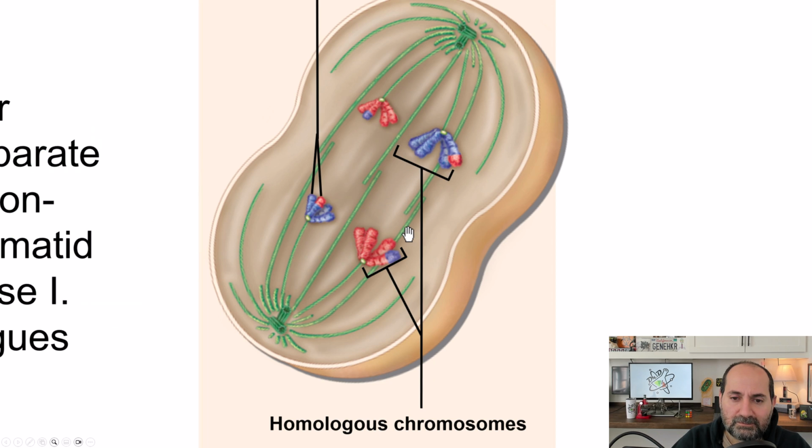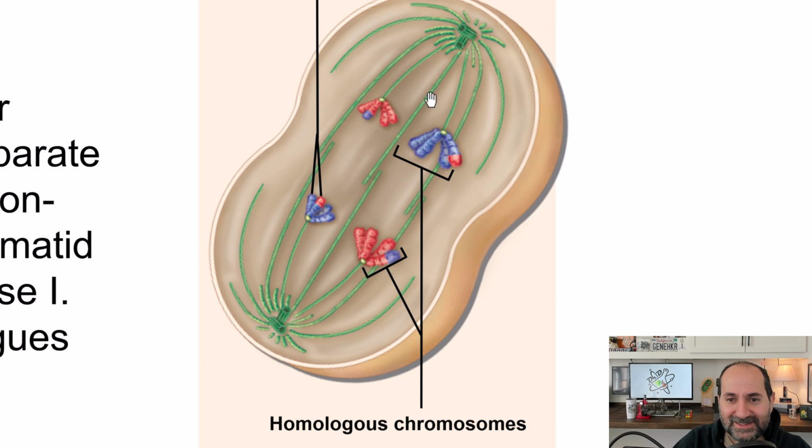Paternal separates from maternal. Another way of saying the exact same thing is that the paternal pair of non-identical sister chromatids separates from the maternal pair of non-identical sister chromatids. That's a fancy way of saying the blue ones separate from the red ones.